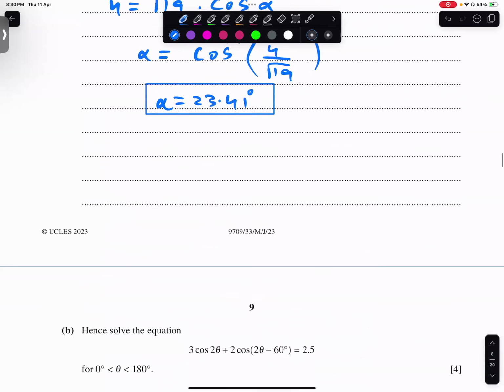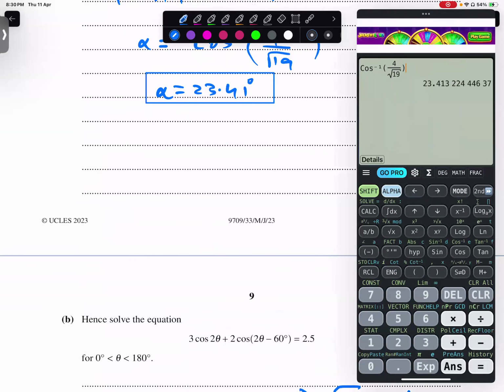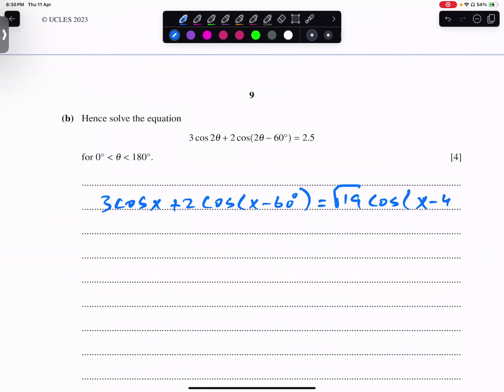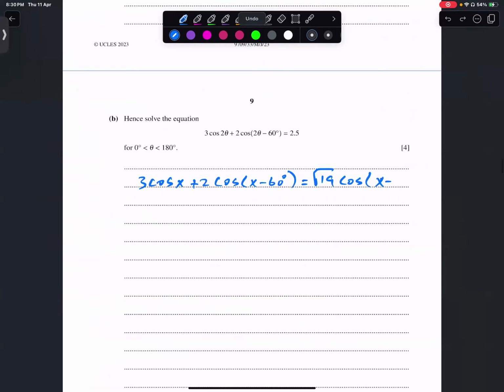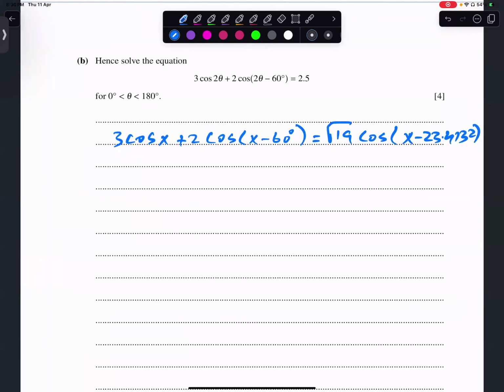Now alpha was 23.41. But in order to use it in the next part, use the value up to 4 or 5 decimal places so your answers will be in exact form. So use 23.4132, let's say. Use this value instead, okay?